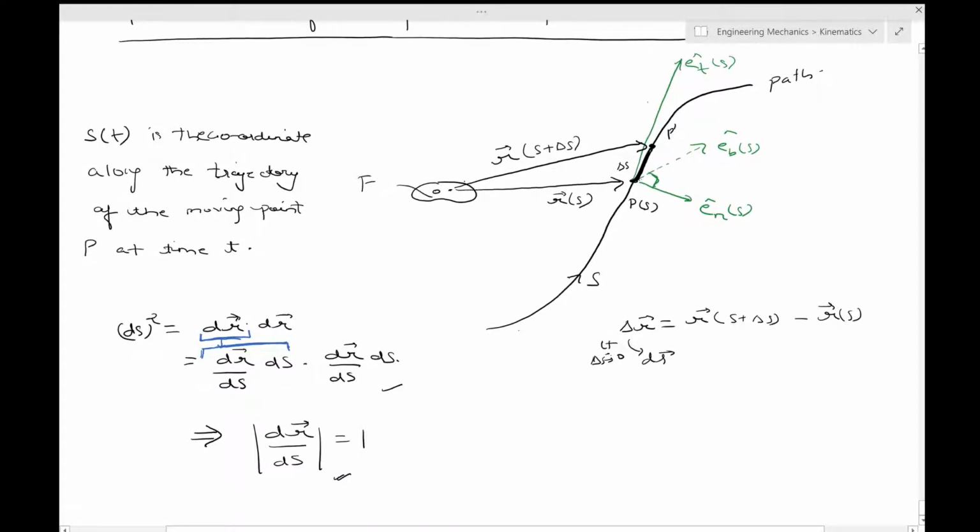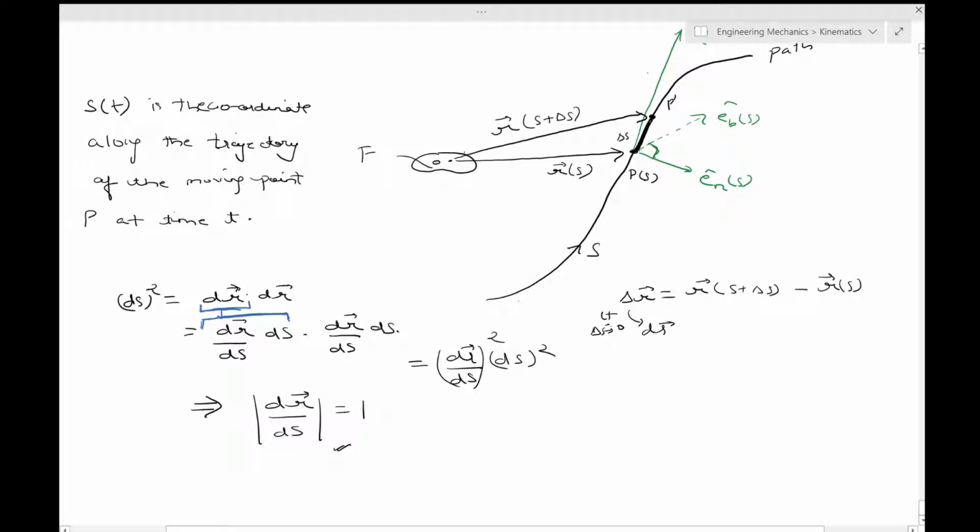If you write the dot product as dr by ds times ds, this will be squared and this will be squared, and cos of the angle between itself will be 0, so it will be equal to 1. That's why we are saying that the modulus of dr by ds is equal to 1. Note that dr by ds could be equal to minus 1 as well, which is why we are taking the modulus.